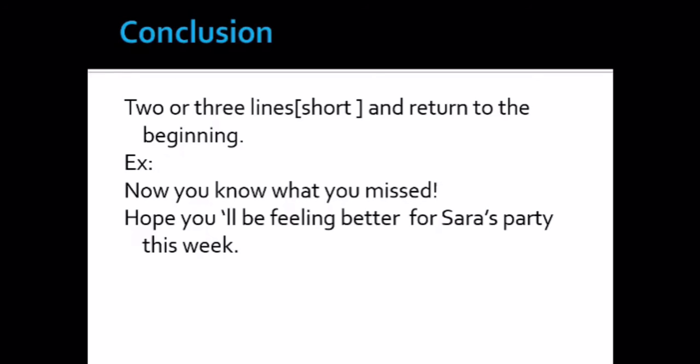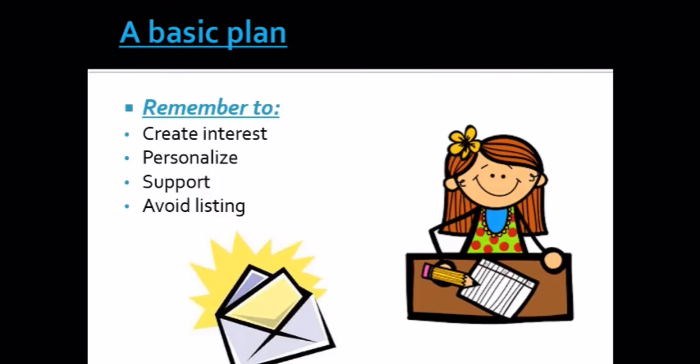For the body paragraph again, what about the things which I have to bear in mind, as I said: to create interest, personalize, support, avoid listing. Don't forget, these are the main points in the plan. Okay, for the body paragraph, I have to think about the people and to create interest about them. How can I do it? How can I create interest? By talking about what?